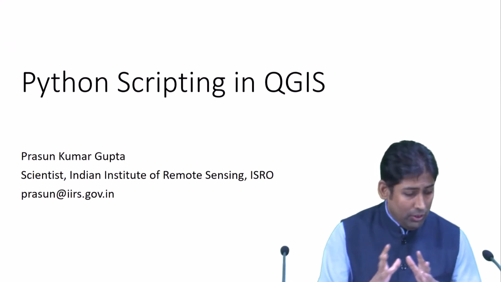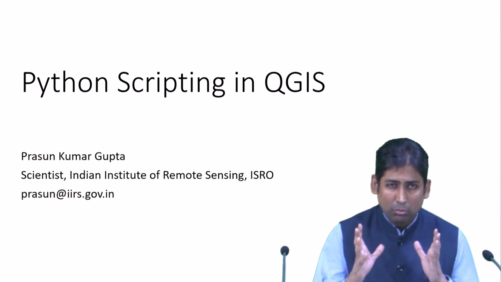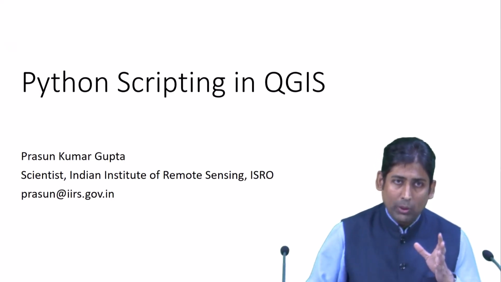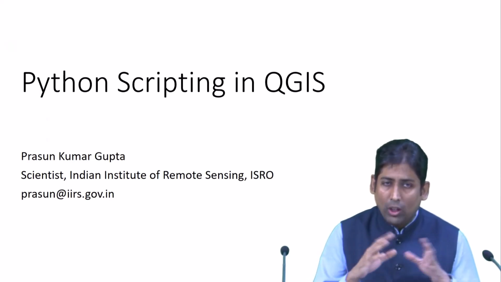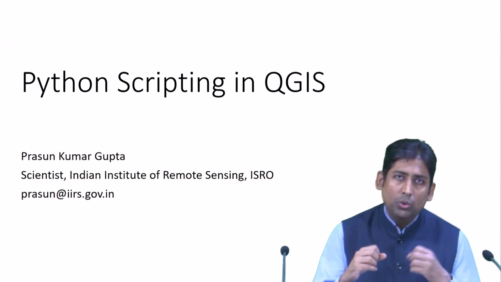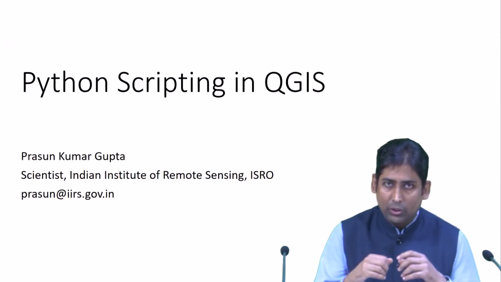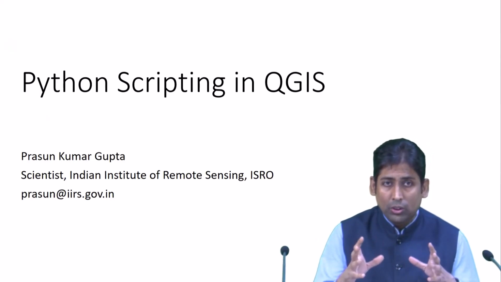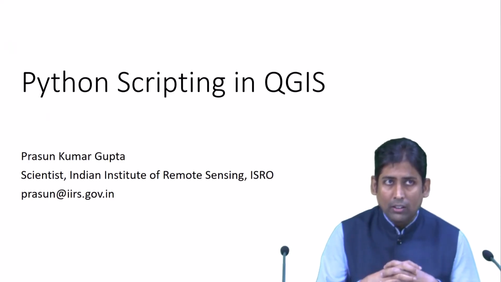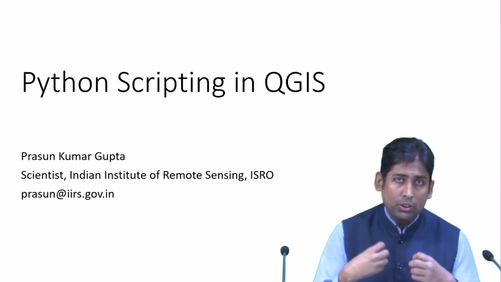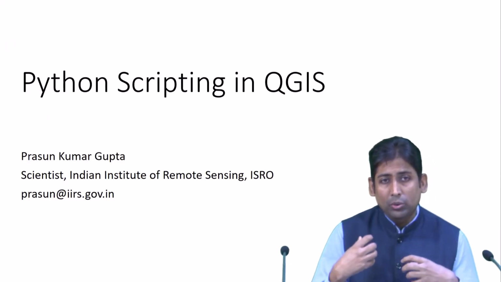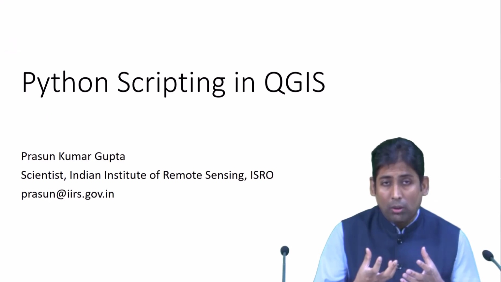So today we are not going to go into much detail about the Python programming language, rather tell you about what are the different ways you could use Python inside QGIS. There are many ways you could use Python. You could use it to improve your workflows, or let's say you could use it to write more complex models.